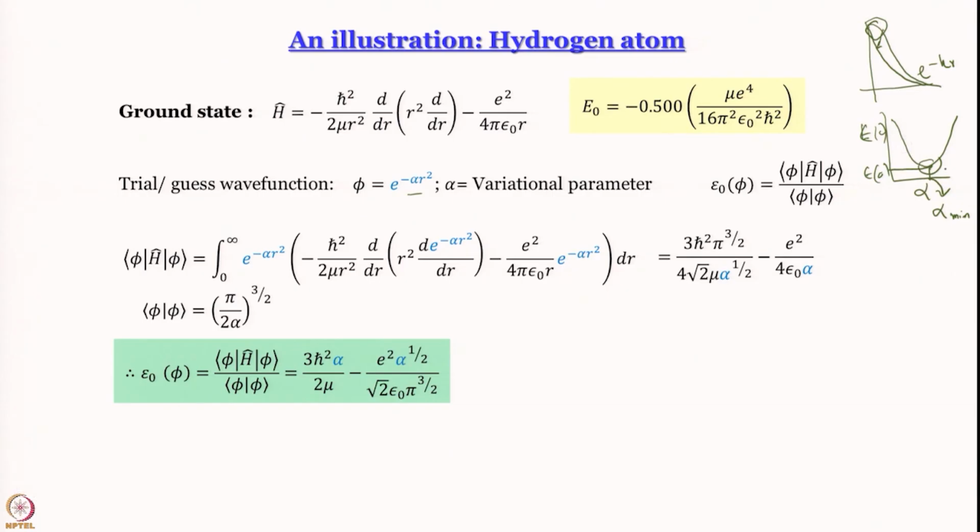So, what we have to do is find the minimum value of epsilon 0. To do that, we simply differentiate epsilon 0 with respect to alpha and equate it to 0, right. First derivative has to be 0, that is all.